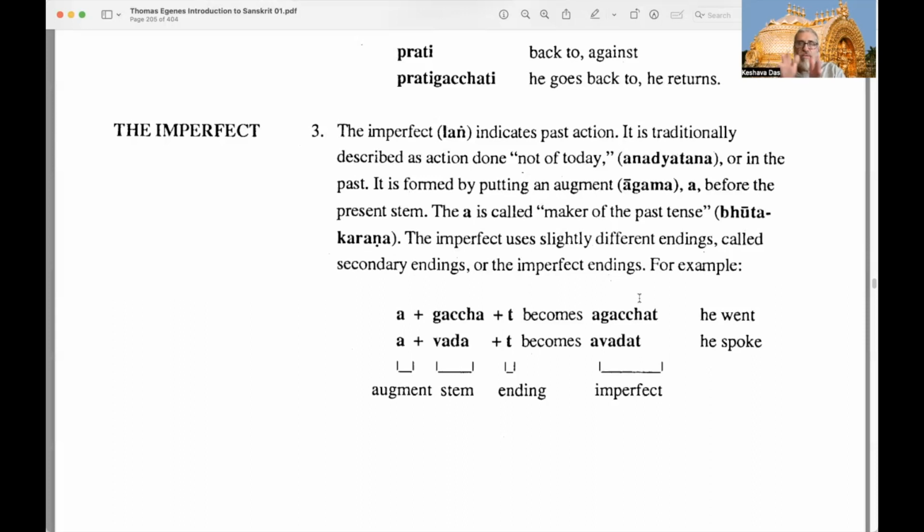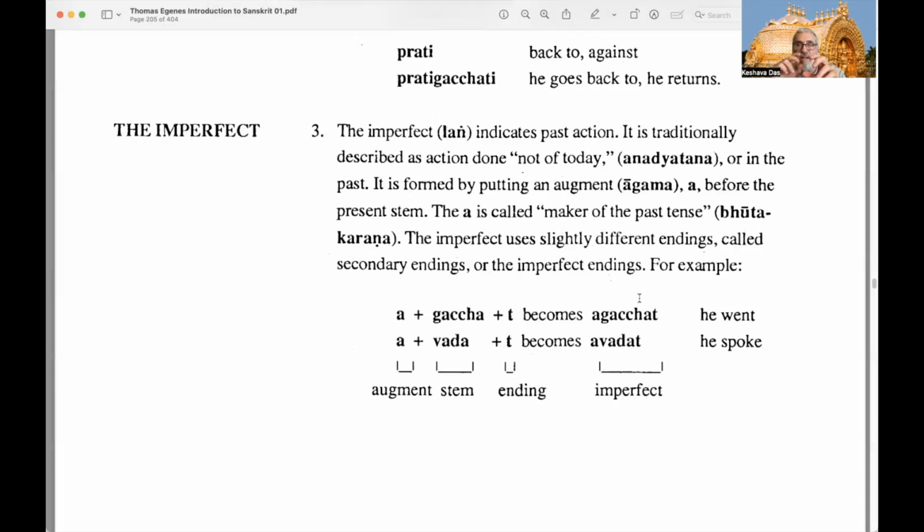First, let's understand what verbs are. We have a verbal root, for example bhu, to be, which was maybe the first word we learned. Or gam, to go.